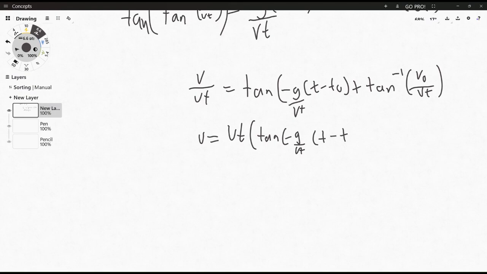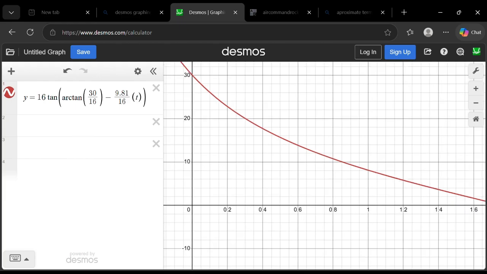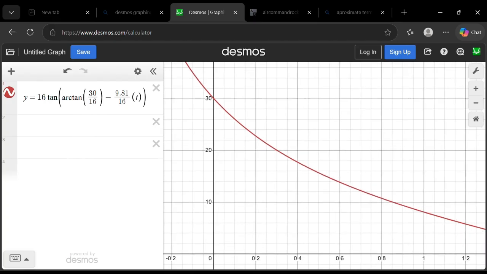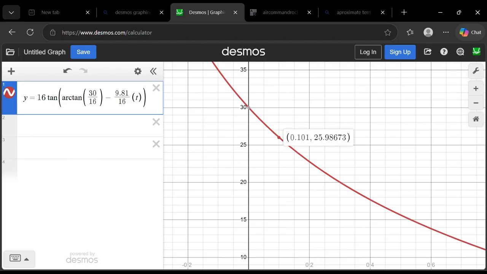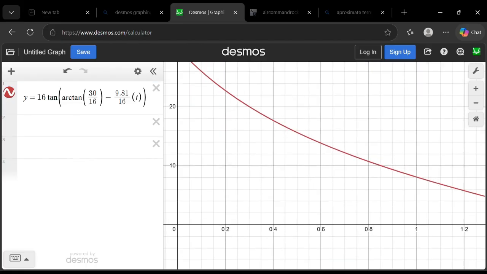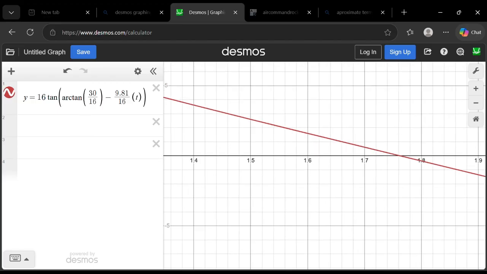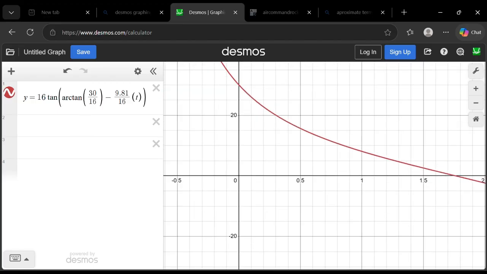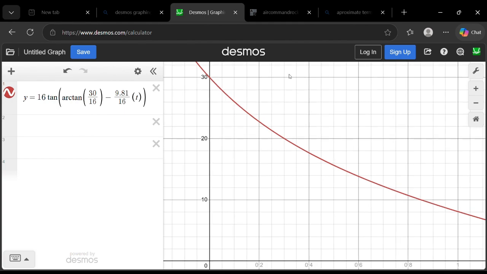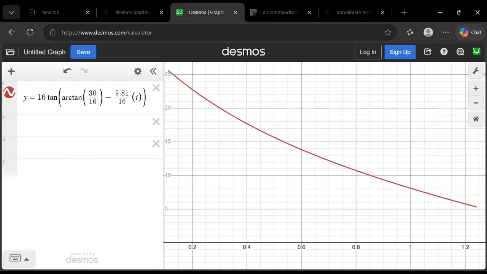Let me see if I can go to, I graphed this on Desmos, and what I got is that, assuming that the burnout velocity is 30 meters per second and the terminal velocity is 16 meters per second, we got this graph where, after all the water has exited the rocket, it starts to decrease in velocity, obviously.